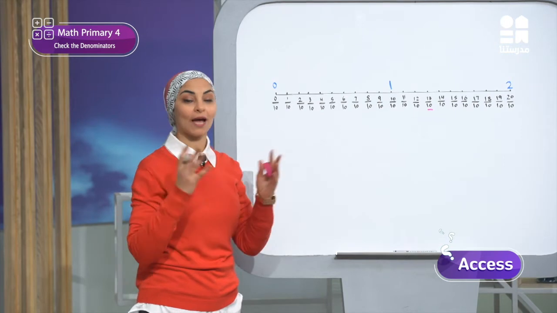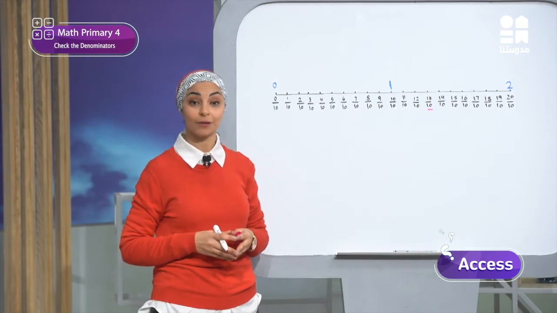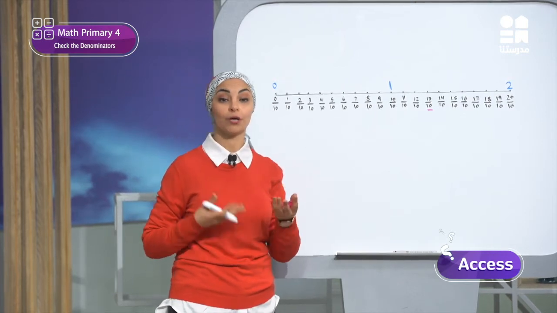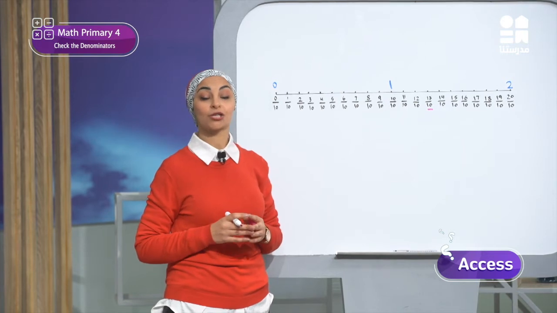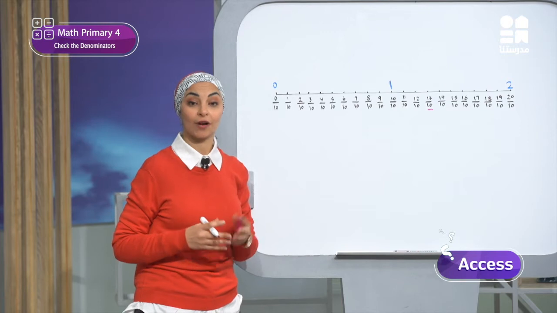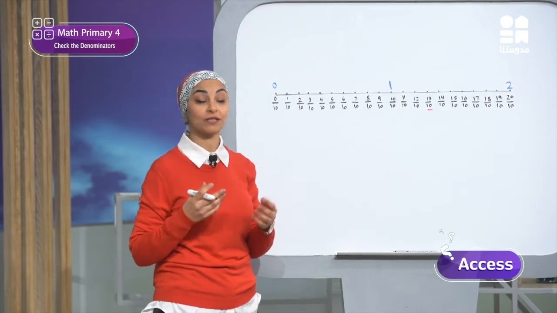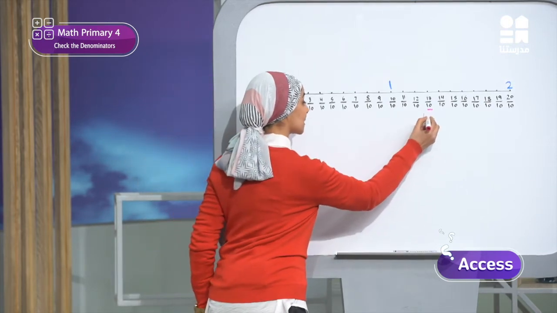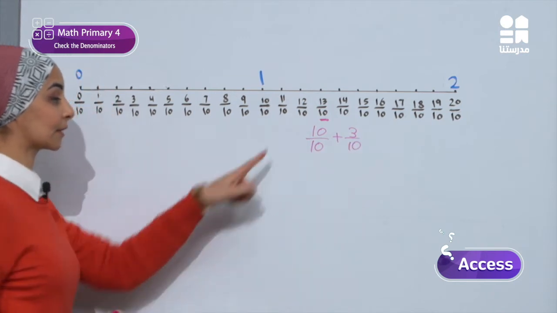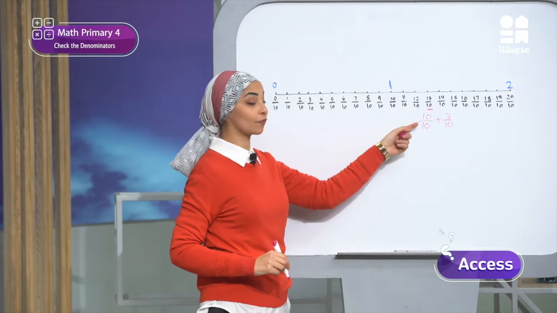طيب مش احنا قلنا أي improper fraction I can write it in a form of mixed number؟ طيب الميكس نمبر هفكركم بيه تاني، هو عبارة عن whole number و proper fraction. So we can express 13 over 10 as fraction أو two fractions. زي إيه؟ مش 13 over 10 أقدر أكتبها إن هي 10 over 10 plus 3 over 10، يعني عملتها in the form of two fractions, right؟ طيب دلوقتي 10 over 10 is what?